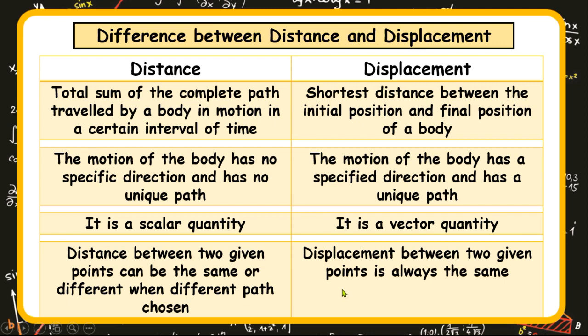Whereas for the displacement, the direction, the separation, the magnitude between the 2 points is always the same. That straight, short path. So those are the differences between distance and displacement.